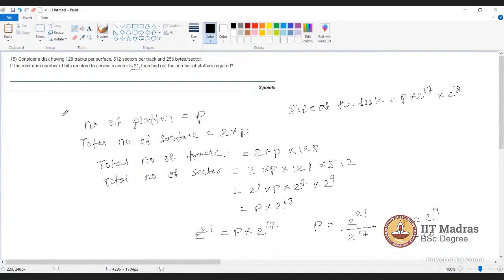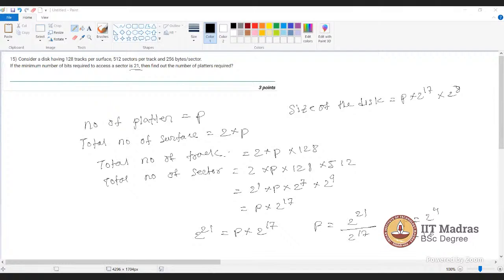Can I explain? Srinivasan here. Basically, it says that 21 bits are required to access the disk, which means the address has to be 21 bits. To access each sector, you need 21 bits, which means that 2 to the power 21 is the number of sectors.